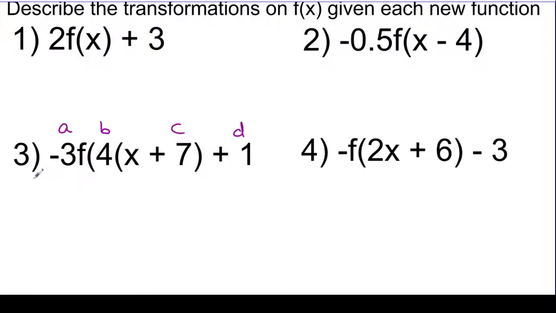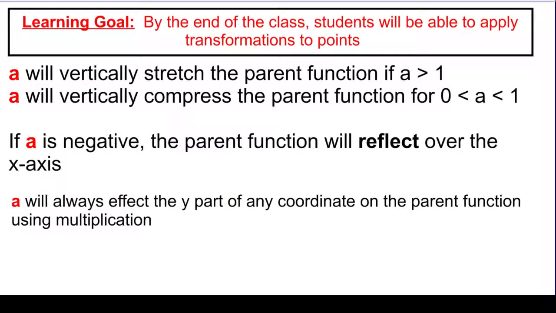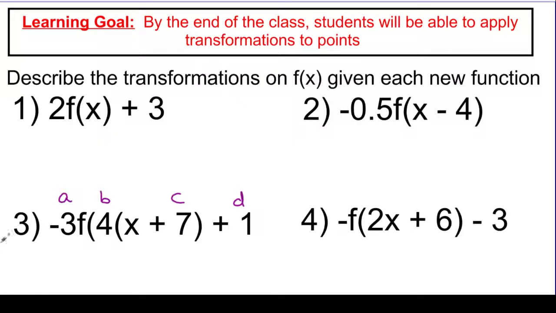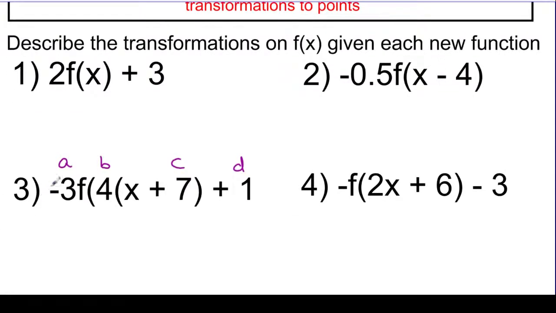What happens? Okay, in this case, let's start off with A. If I go back to what A said, my A is going to be right here. A is going to stretch or compress depending on the value. And if A is negative, it's going to do a reflection. A is going to change the parent function using multiplication. So let's check that out. The value of A is 3, and that's greater than 1.